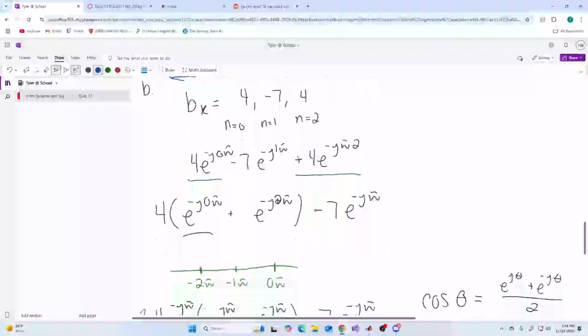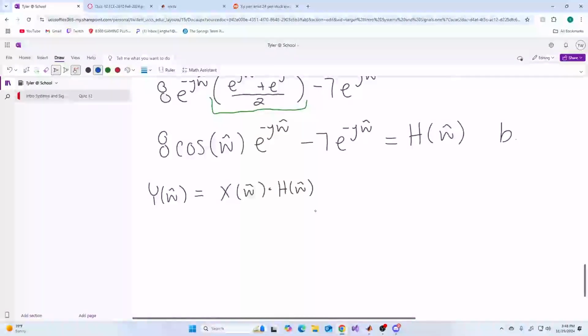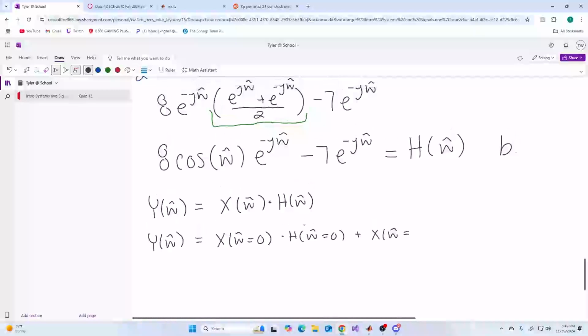So what this is going to look like is we're going to have y sub w hat equals some x sub w hat when w hat equals 0 times h sub w hat when that equals 0 plus an x sub w hat when that equals, I believe we had a pi over 2.